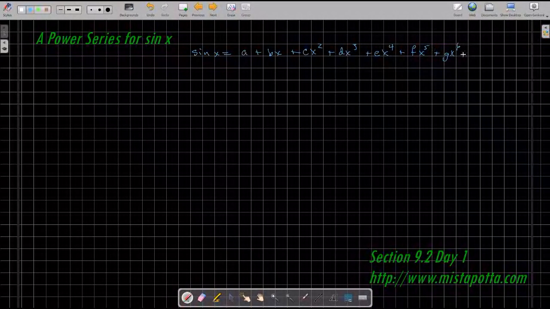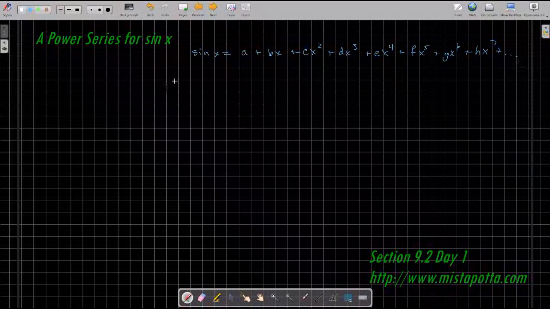And I'm only doing this to show a point. Hx to the seventh. And of course, technically, this is an infinite power series, so it does go on forever. The powers go to n without bound.